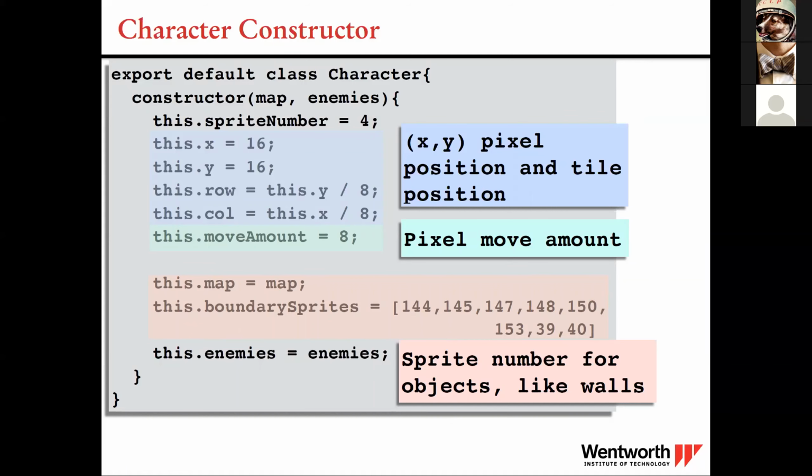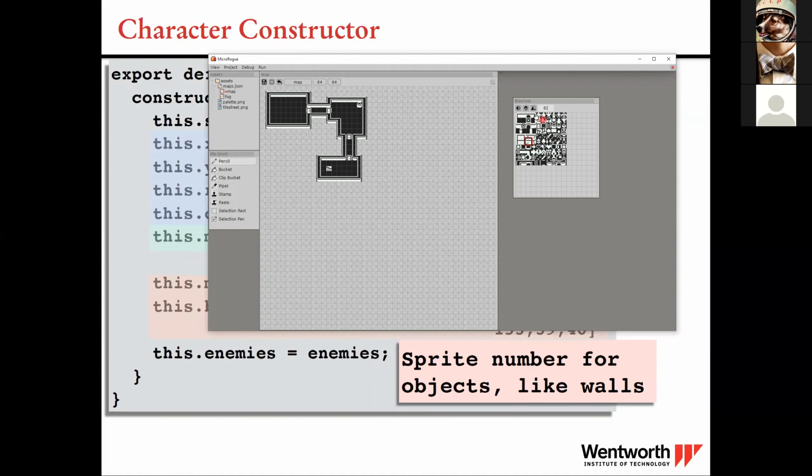So let me go to the editor. I can click on sprite number 4. The number that comes up here at the top of our tile sheet window is the actual sprite number. So we're going to use this character as our sprite. And if I come down here to the bottom, here's 144, 145, 147, and so on. Basically, it's just a list of these sprite numbers.